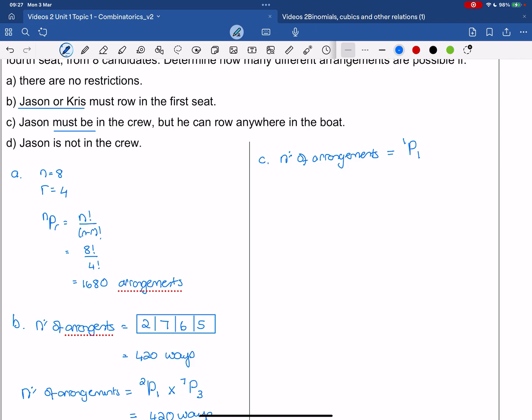But he can sit in any of the 4 seats. And then the other 3 people have to come from the rest of them. Okay. You might want to make a note. Have to have Jason. He can sit in any 4 seats. And this is our remaining.